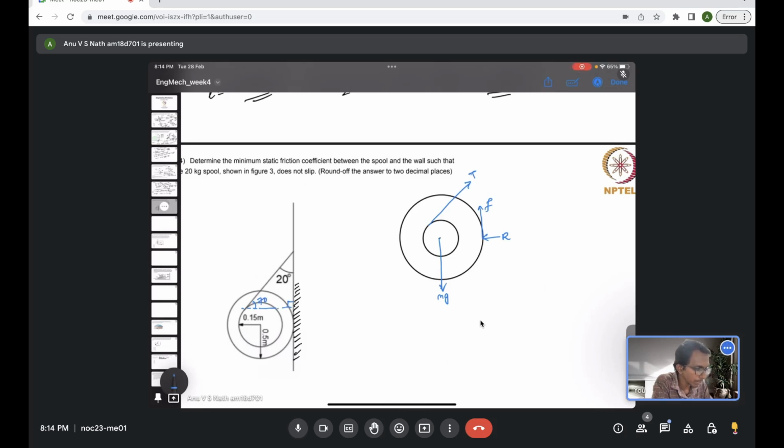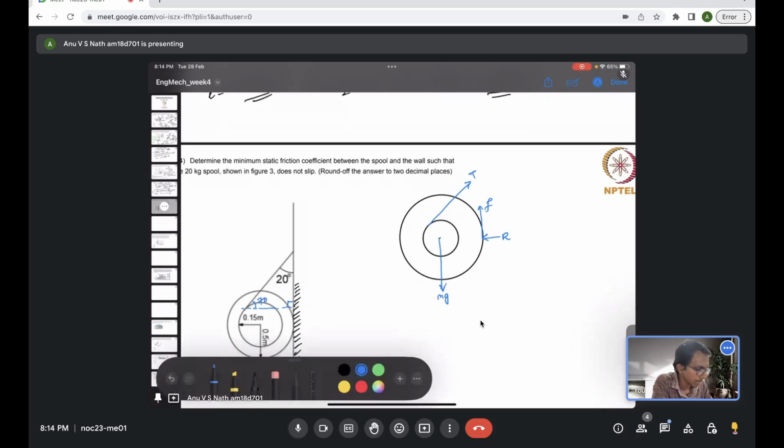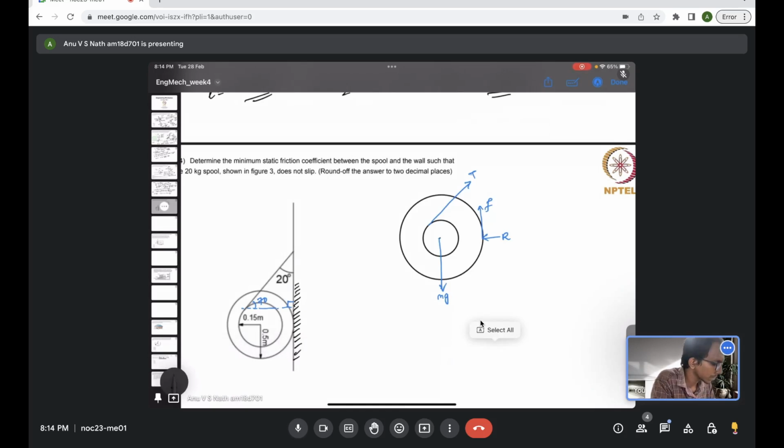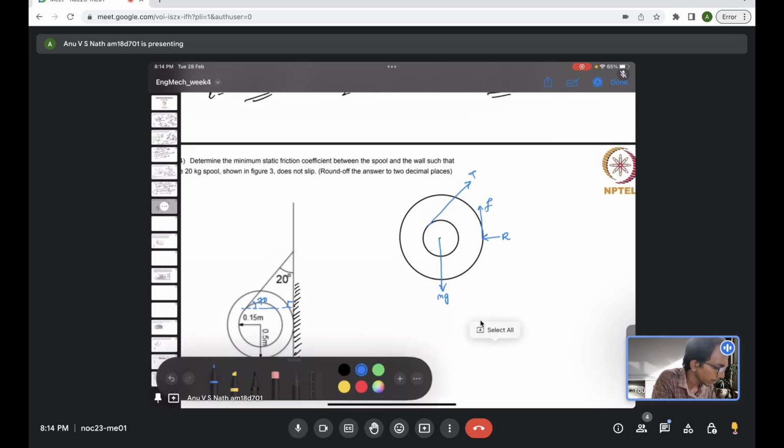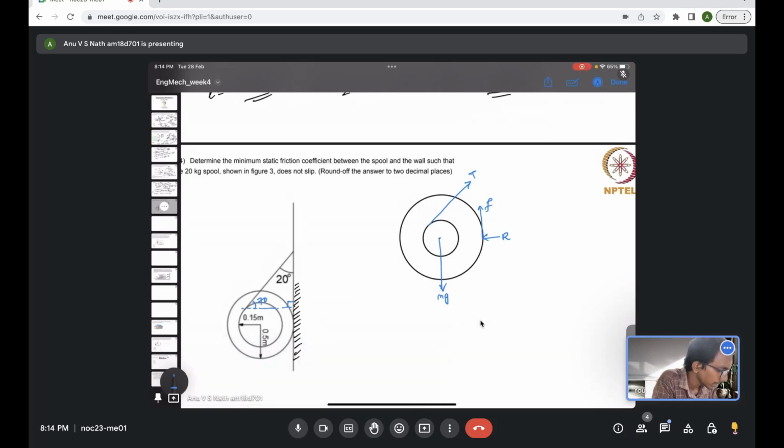So the component forces are T cos 70 and T sin 70.